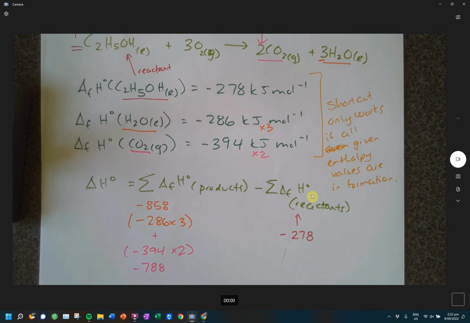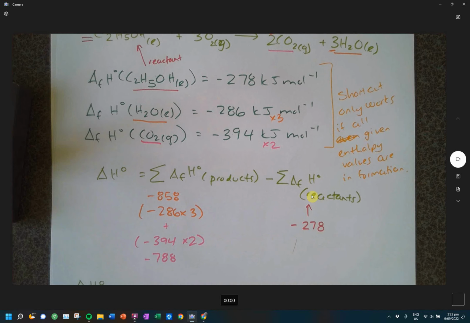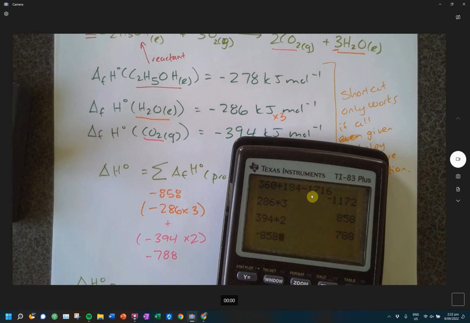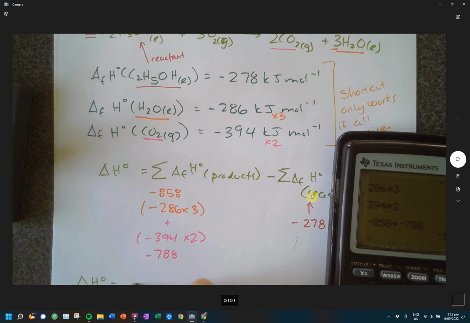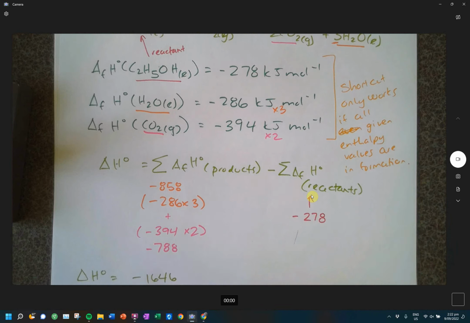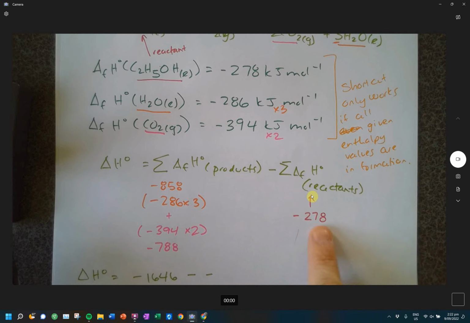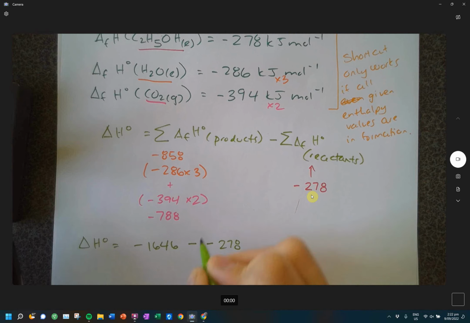So delta H is going to equal my sum of my products. So that's negative 858 plus negative 788. So that has negative 1646. And I'm subtracting away my reactants. Remember, you are subtracting away a negative number. So you're actually adding.